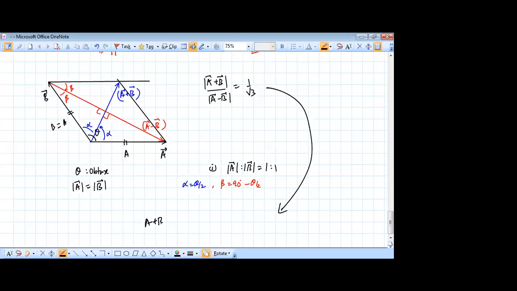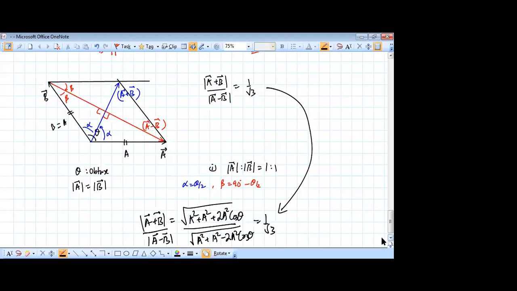Mod of A plus B basically क्या है? It is root of A square plus B square, but here it will become A square plus A square plus 2A square cos theta, and mod of A minus B is similarly 2A square minus 2A square cos theta. So that is 1 by root 3.